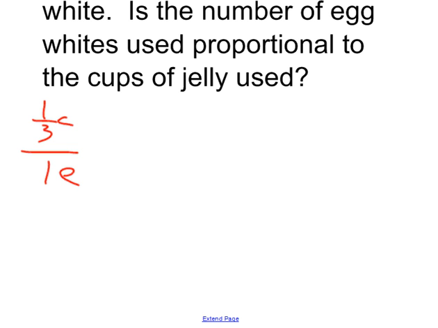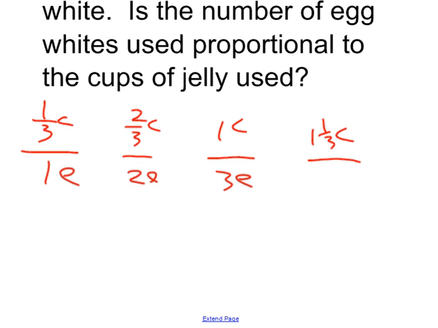If I double the recipe, I'm going to use 2/3 of a cup of jelly to 2 egg whites. If I were to triple the original recipe, I would use 3/3 of a cup or 1 cup of jelly to 3 egg whites. If I continued by adding one more completion of the recipe, I would be at 1 1/3 cups to 4 eggs.